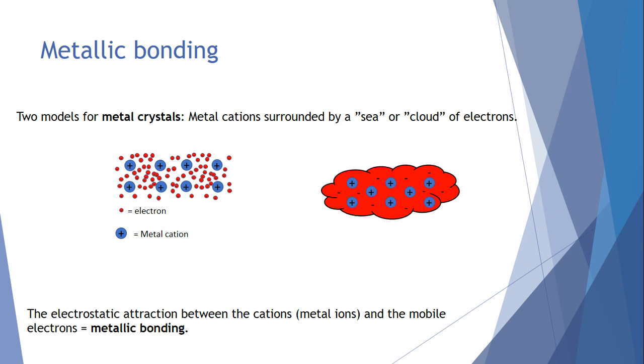And the type of bond that's formed within metals is just an electrostatic attraction between the electrons in the electron cloud and the cations. So they stick together. And since several cations are pulling on a shared electron cloud, they stick together. And this is called metallic bonding, which we see in metal crystals.